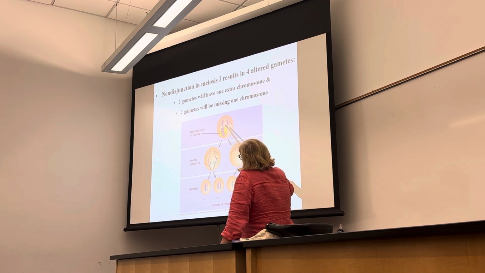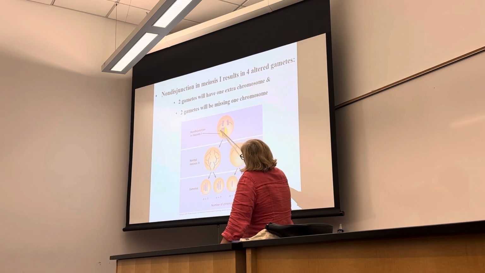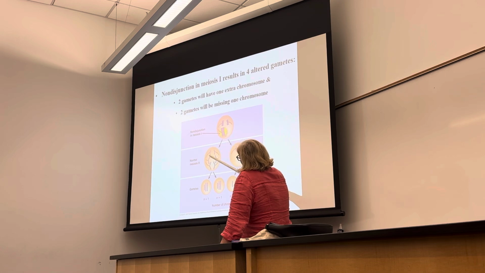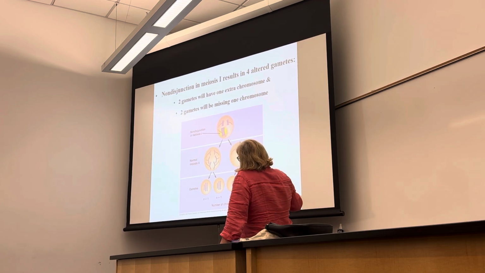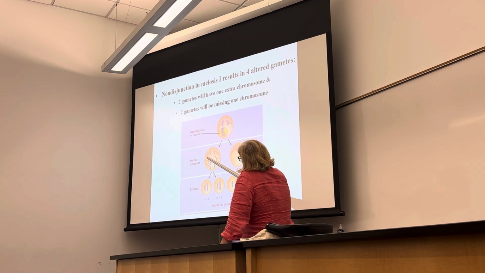So during meiosis 1, in this example, there was non-disjunction. This second pair of chromosomes did not separate. Now we have these daughter cells, see, this one separated normally, but this one did not. So we have the first chromosome and 2 of the same chromosome from here.